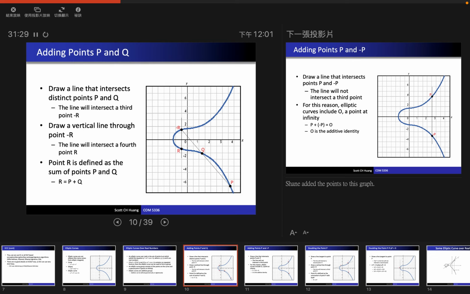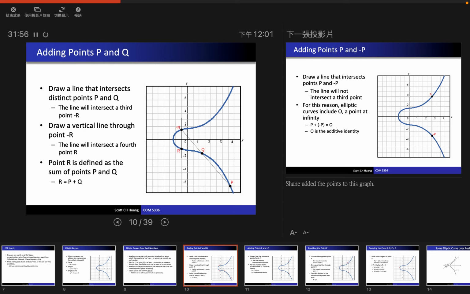To show that associativity actually works, you need to have 3 points, right? For P, Q, and R. Let's say you have P, and then Q, and then R. You tell me first you draw P, get Q, and then you have this point.